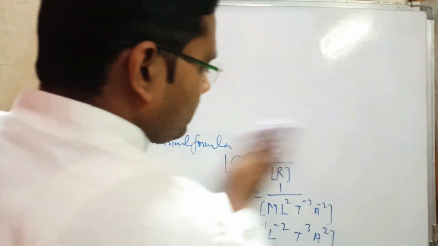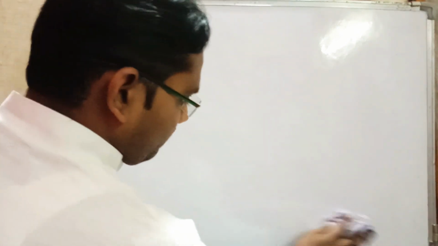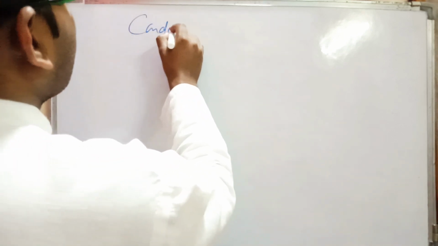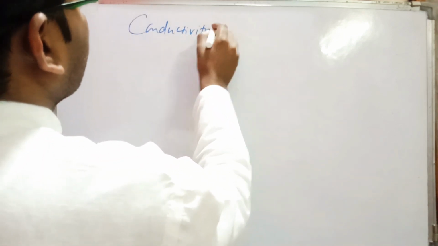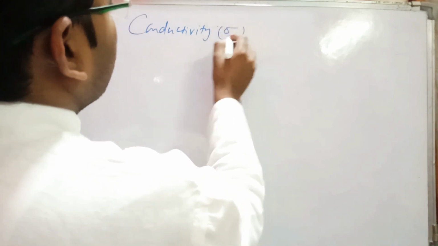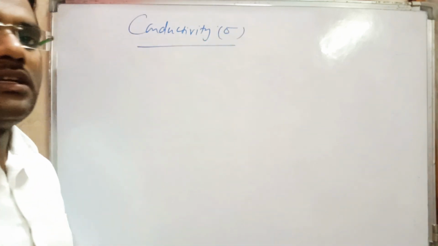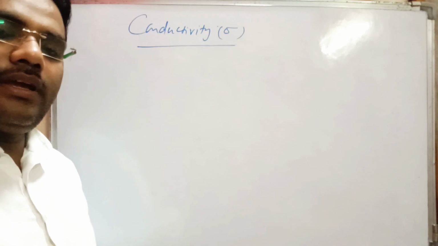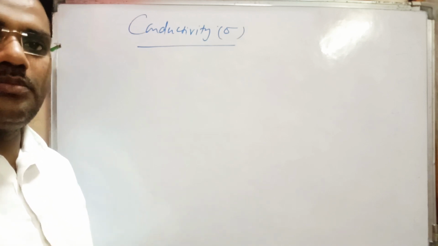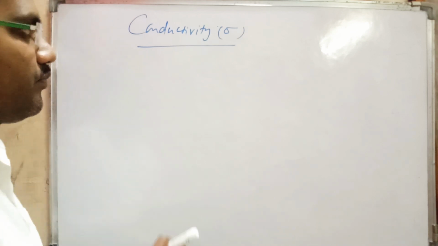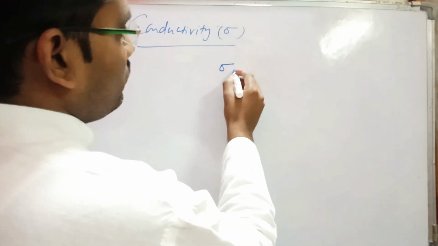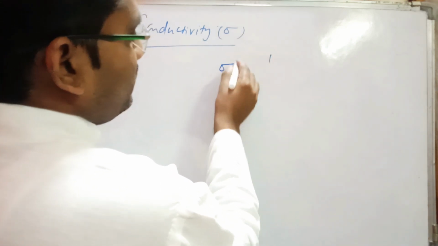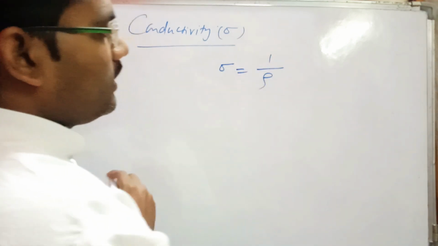Now the next topic is conductivity. It is denoted by sigma. Conductivity of any conductor is defined as the reciprocal of resistivity. That means conductivity sigma is equal to 1 upon rho.